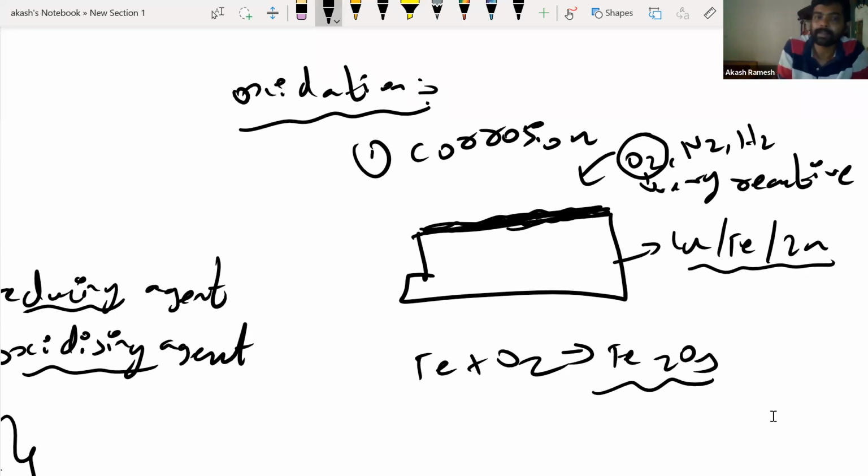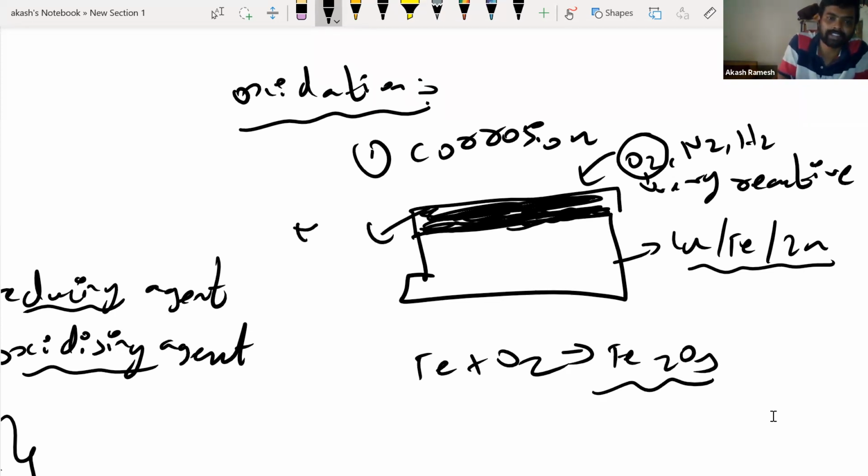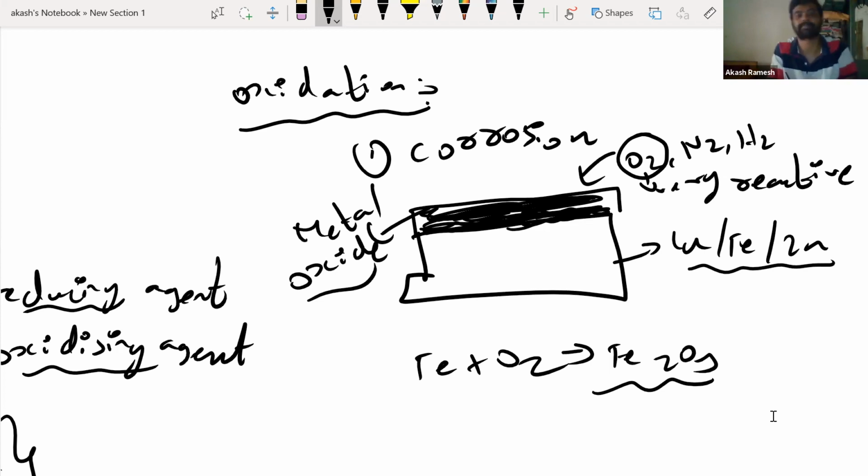So what will happen is you will see a coating of the metal oxide on the surface of the metal. This is the entire metal, and the open surface is exposed to the atmosphere.